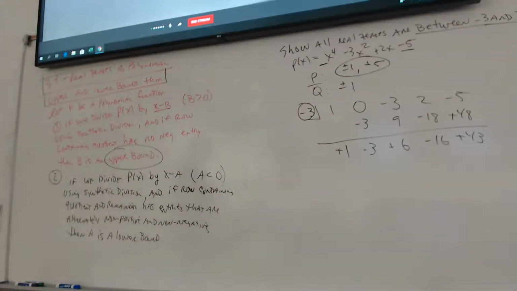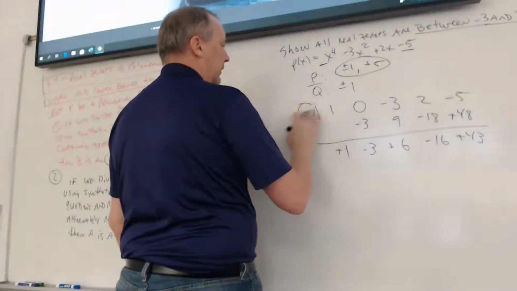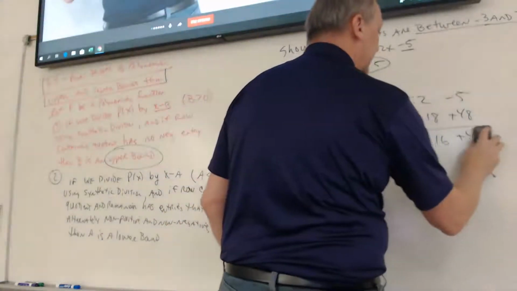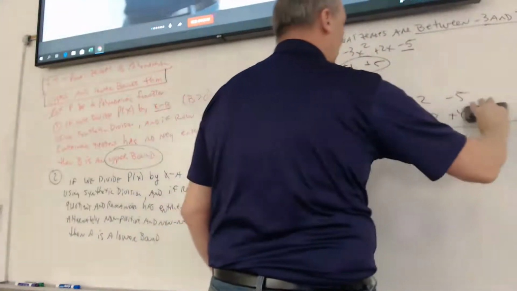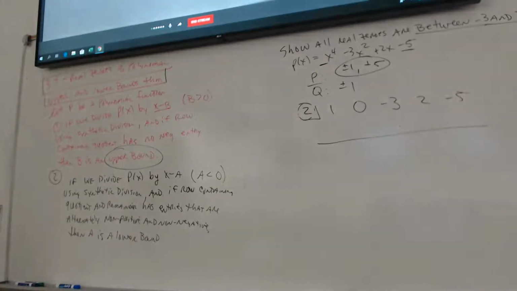Okay? All right, so we're going to do the same thing, but this time we're going to try 2. And so I'm going to erase all this. And then we're going to pick on Rory. Can you help me do some synthetic division on this?